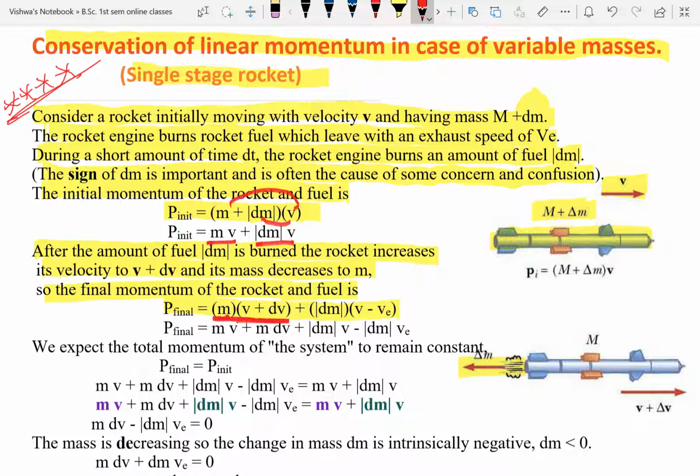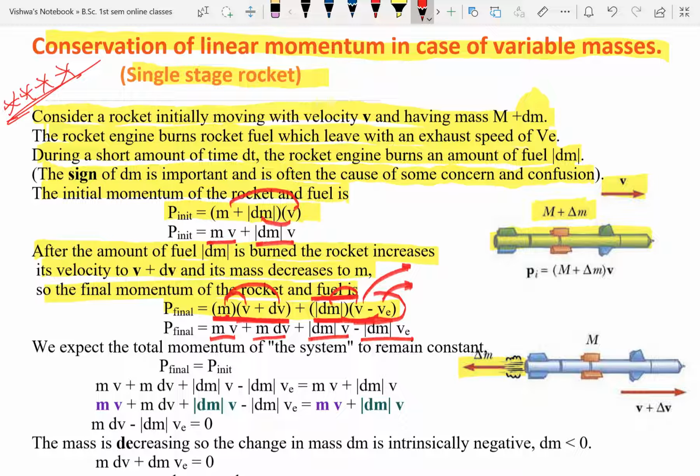This is the momentum of the rocket, and dm into (v minus ve) is the final momentum of the fuel. The dm amount of fuel is burned out, and it has velocity v minus ve, where ve is the exhaust velocity and v is the velocity of the rocket. Now expand this: mv, and m into dv, plus dm into v, and minus dm into ve.